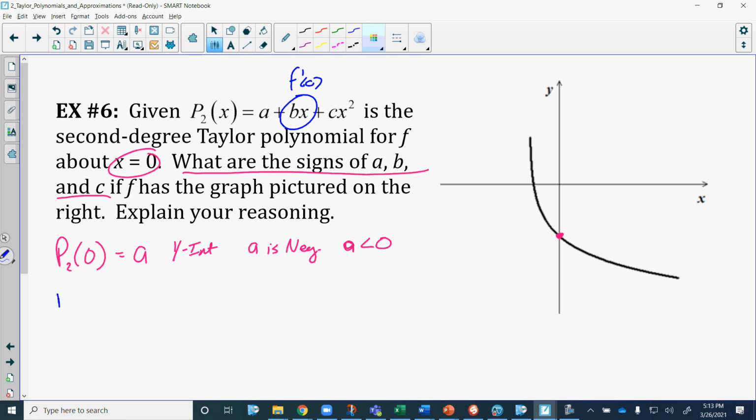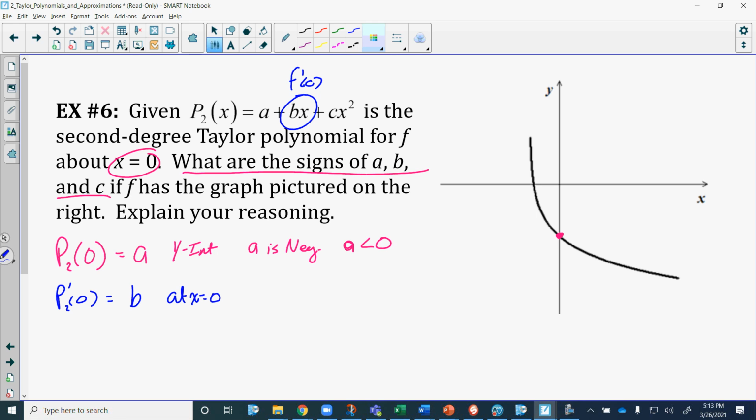So here I'm looking at the first derivative. So if I take the first derivative there of the expression, I'm just going to wind up with b.